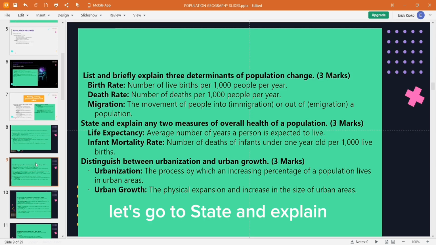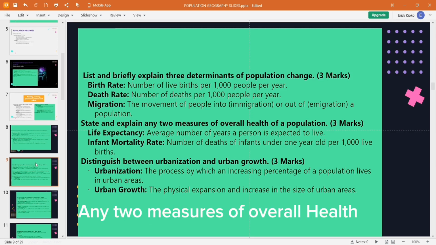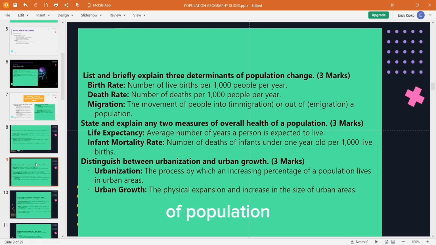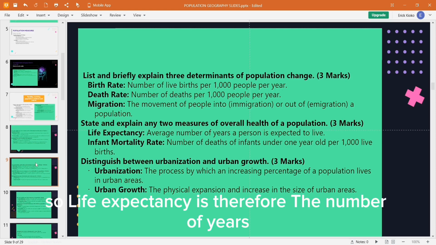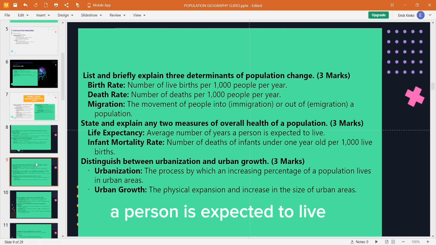Let's go to state and explain any two measures of overall health of a population. When you hear about that, you think of life expectancy and infant mortality rates. Life expectancy is the average number of years a person is expected to live as per the current trends.